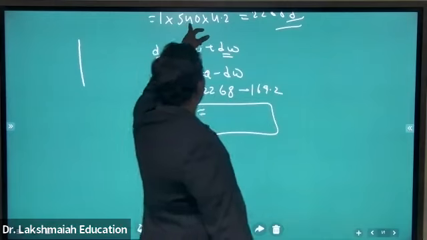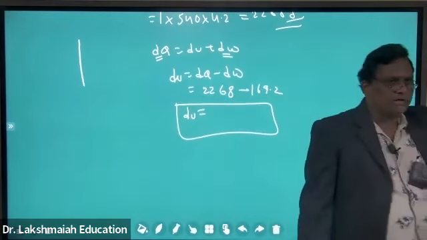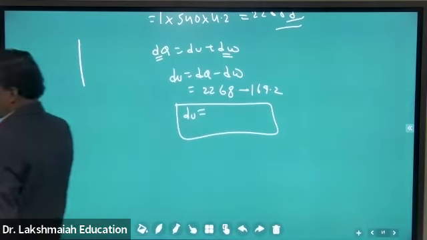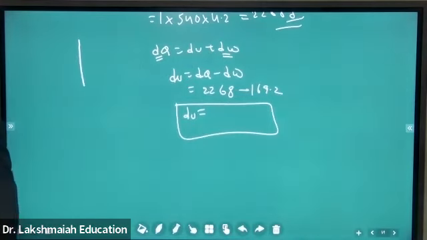That is 540 calorie per gram that we converted into joules, multiplying by 4.2. What is the answer?